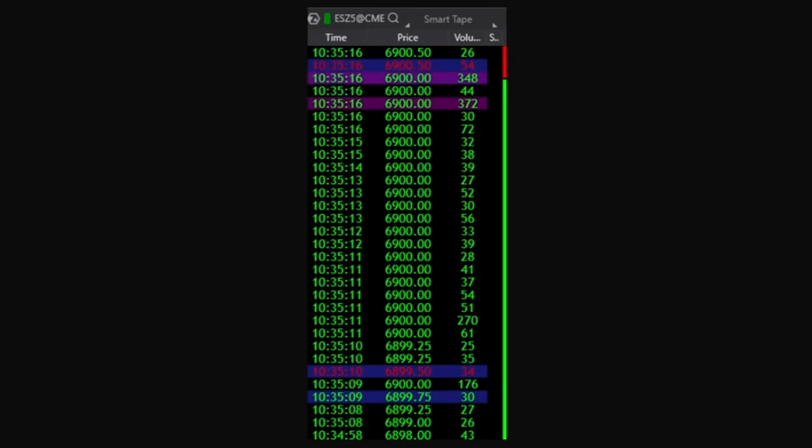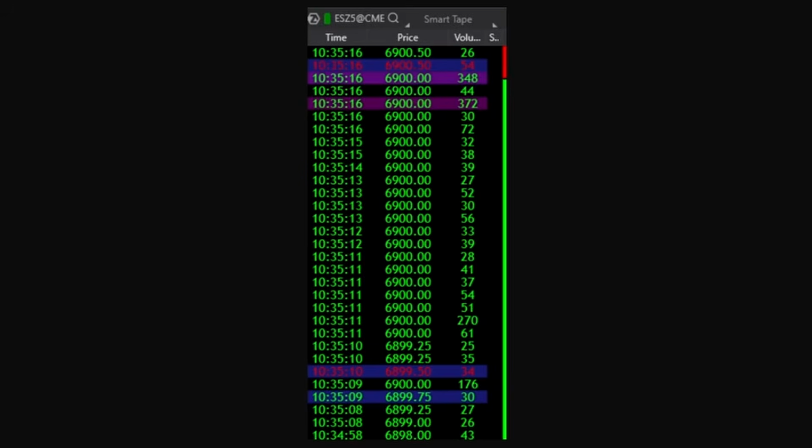They are really learned by having the tape, having the delta, having the footprint charts open on your screen on a day-by-day basis, and just kind of seeing the patterns that develop when XYZ happens, right? When a very aggressive buy move happens, when a very aggressive bearish move happens, when it's flipping from one direction to another.